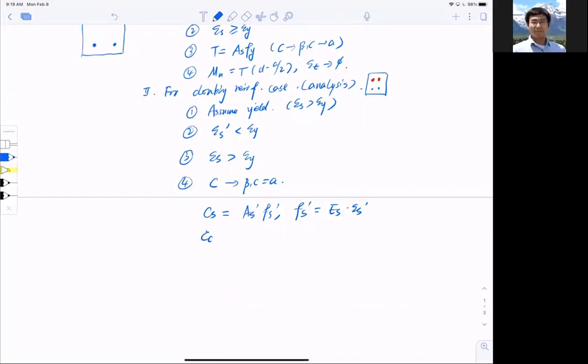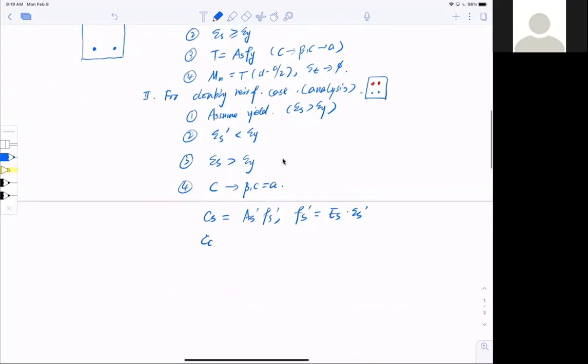So compression from the concrete, Cc, equals 0.85 f'c, and b is the width, and a equals beta 1 c, minus 0.85 f'c As prime.